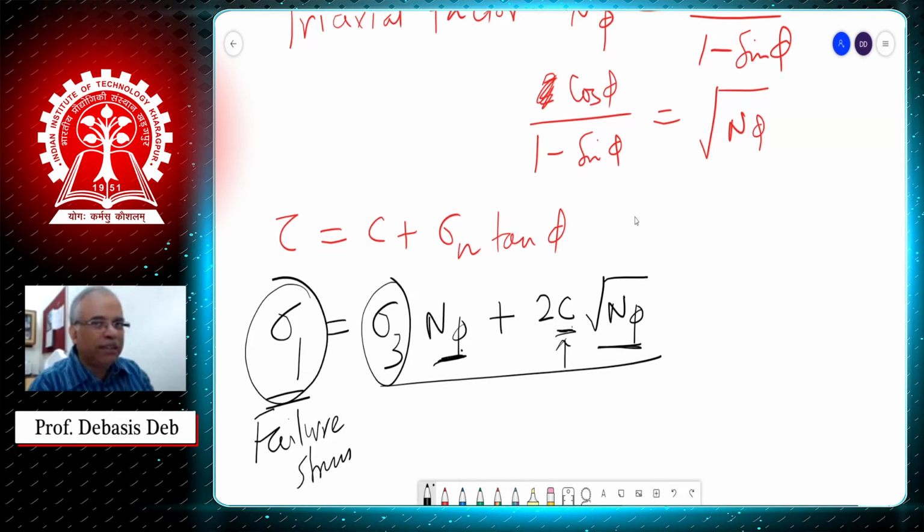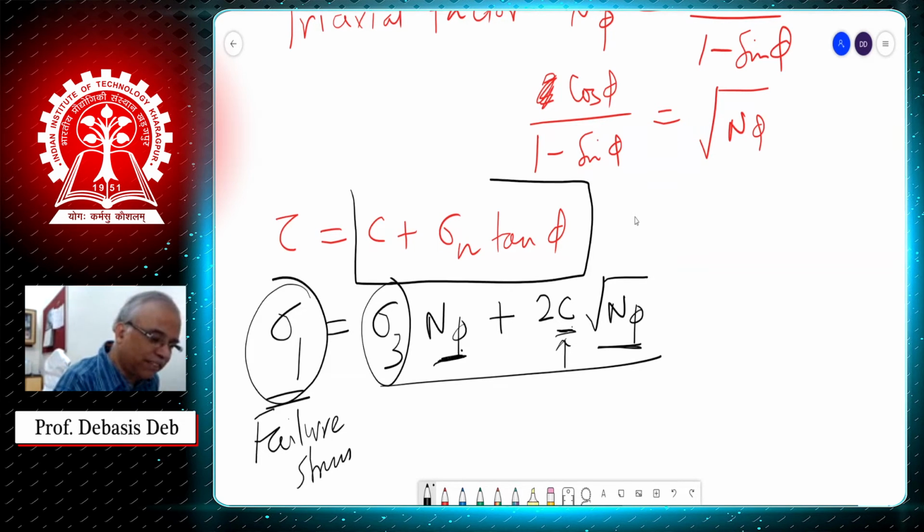Now, if I go a little deeper into this equation, it is not just an equation, that is what I am trying to tell you. See what Coulomb has given us. This side, he has said there is a cohesion and there is a friction, and this is also a confining stress, but it's a normal stress in this case.